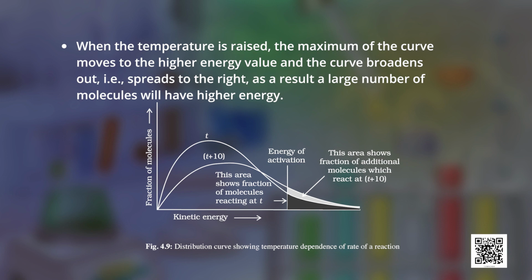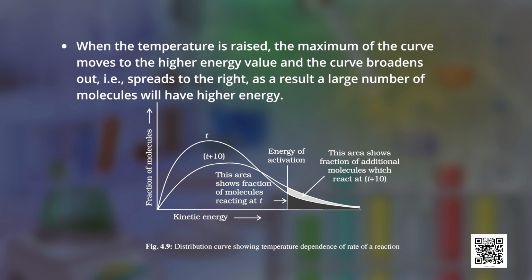When the temperature is raised, the maximum of the curve moves to the higher energy value and the curve broadens out, that is, spreads to the right. As a result, a large number of molecules will have higher energy. The area under the curve T and T plus 10 is the same.